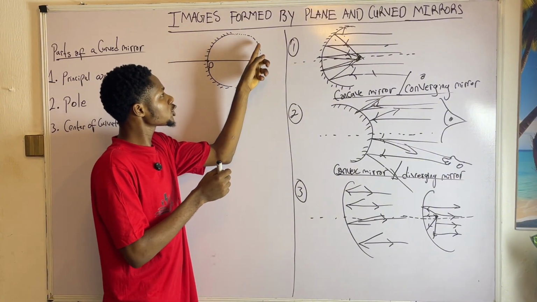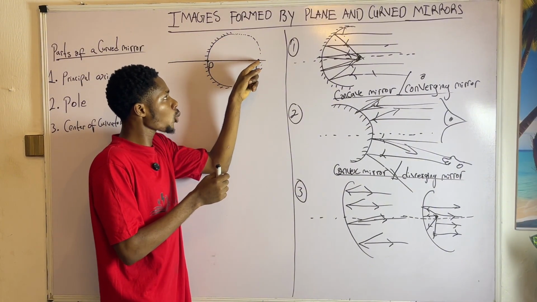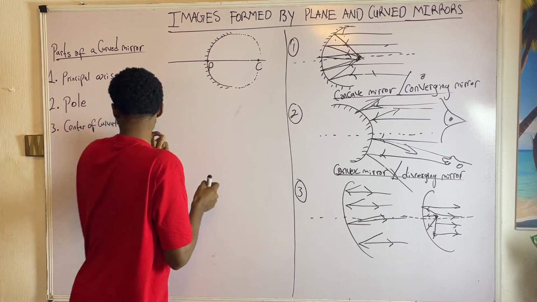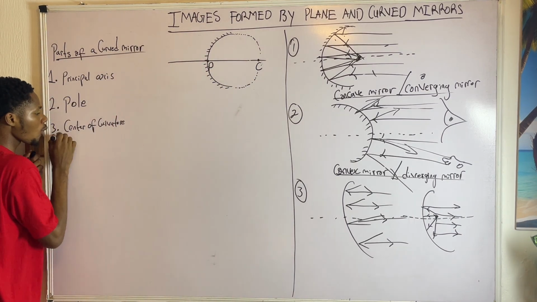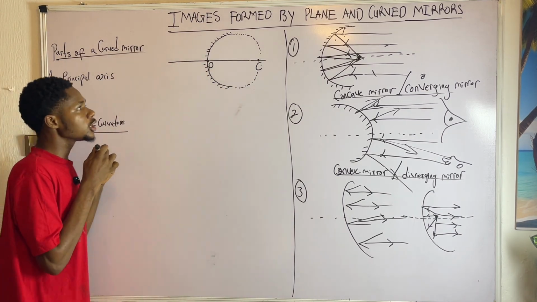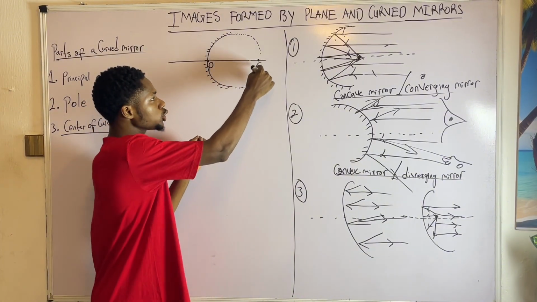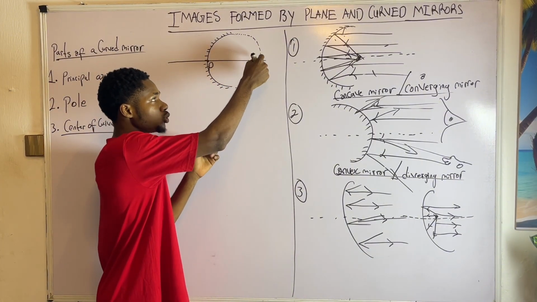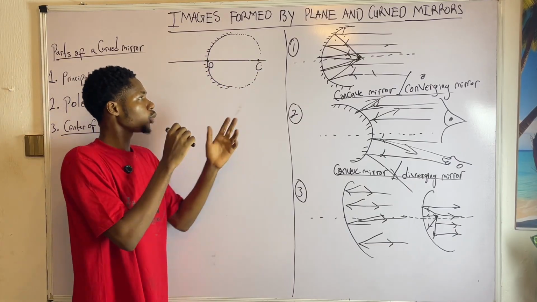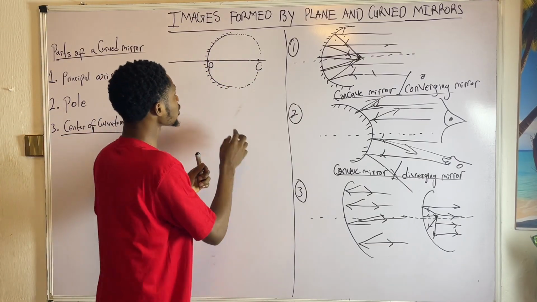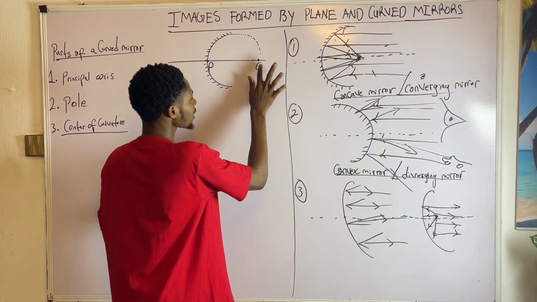This point, C, is what we call the center of curvature. So the point on the principal axis through which the complete part of the spherical mirror is going to pass is what we call the center of curvature.